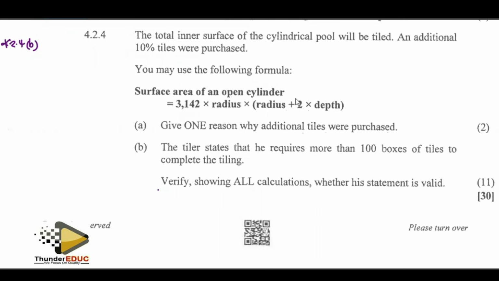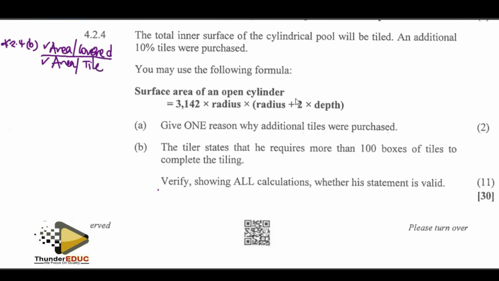All right. 4.2, the steps you need to know. 1, look for the area to be covered, the surface area of an open cylinder. Then look for the area of only one tile.